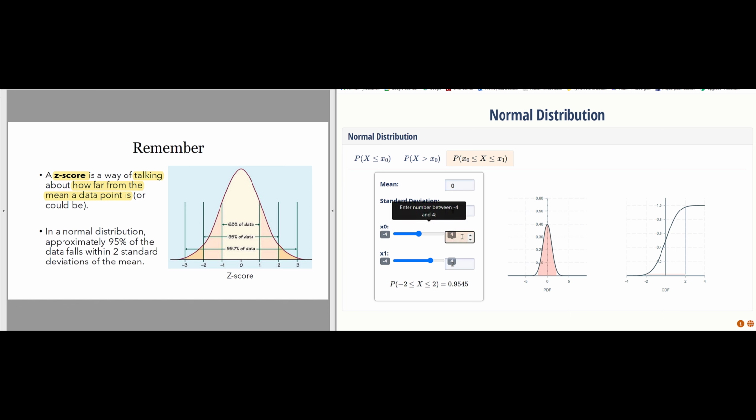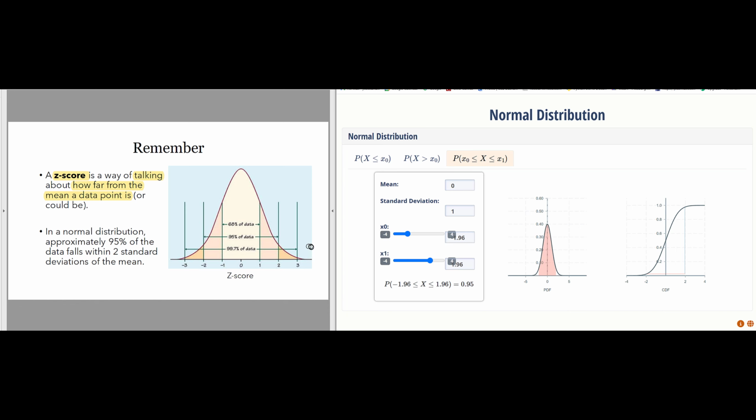The actual, closer bounds for obtaining a 95% probability is 1.96. All right, so there is a 95% probability, a 0.95 probability, that we will fall between minus 1.96 and 1.96 from some arbitrary value that we select.